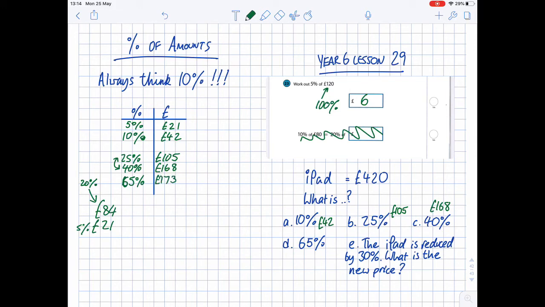Nope, I get £273. See how easy it is to make mistakes? So 65% is £273.